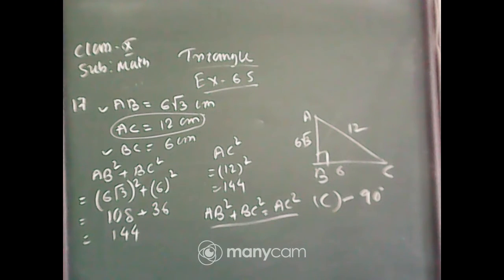Okay, are you telling the new chapter or the optional question? New chapter. Okay, the maximum students are saying to start a new chapter. So then we'll start the new chapter, circle. I think Euclides sir is doing trigonometry, isn't it?